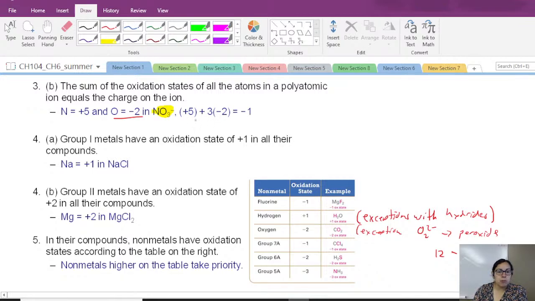They laid out the algebra over here. The overall charge is -1, so that's why they set it equal to -1. And then this is for our oxygen: we have 3 oxygens with a -2 charge. So you just have x plus -6 equals -1. Now we can solve, so x equals 5. That's all they did there.